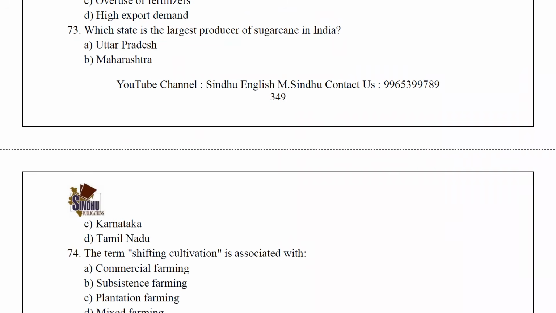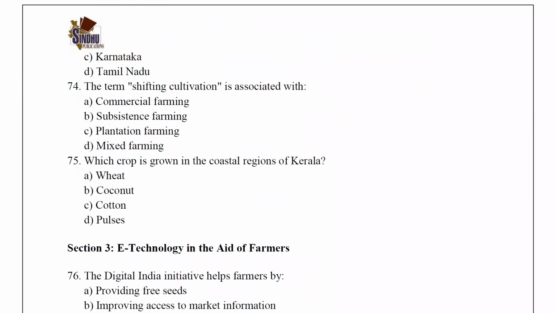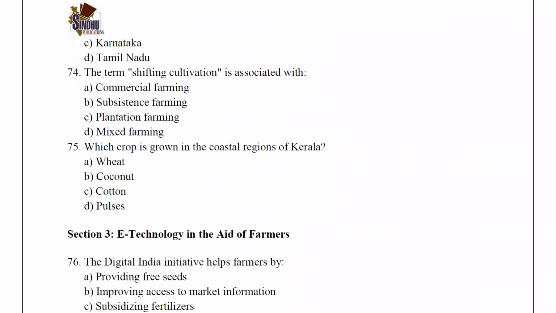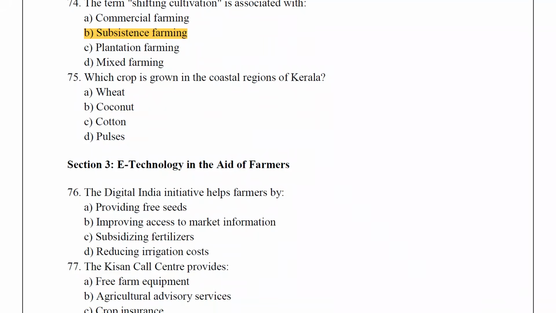Which state is the largest producer of sugarcane in India? Uttar Pradesh. The term shifting cultivation is associated with subsistence farming. Which crop is grown in the coastal regions of Kerala? Coconut.